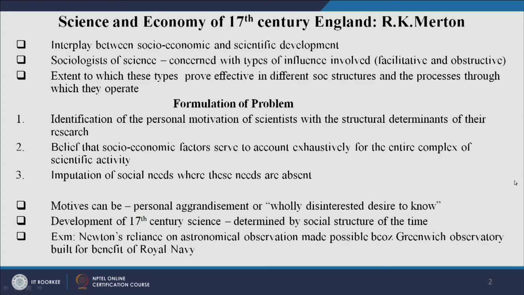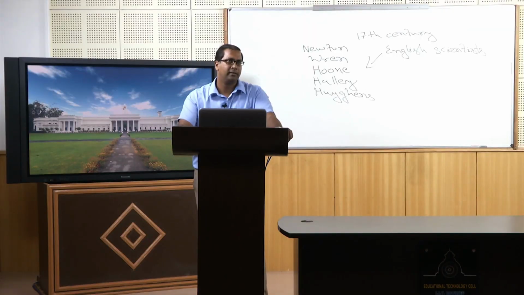If you again look at these problems, we will know that the belief that socio-economic factors accounted for scientific activity in 17th century England holds true based on all the evidence furnished by Robert Merton.